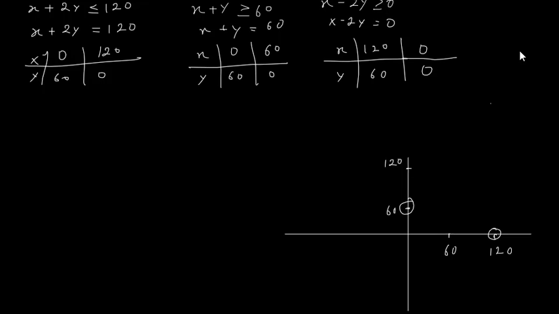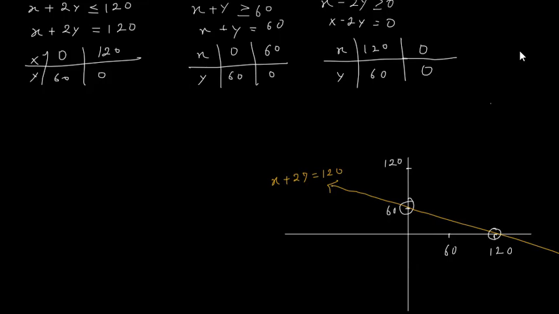So I will join these 2 points. It will go like this. Then let us name this equation. It is x plus 2y is equals to 120.